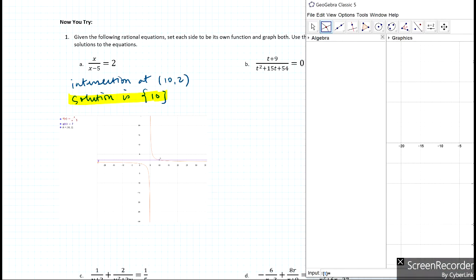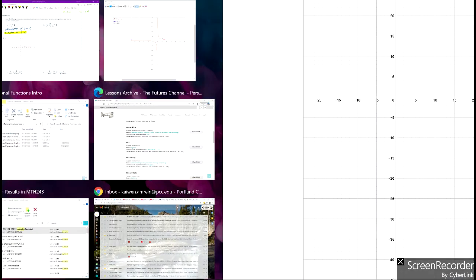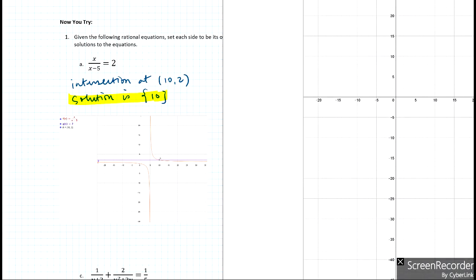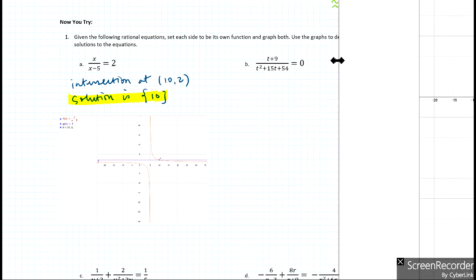It's equal to, I'm trying to place it at a reasonable spot, and we will get the result of t plus 9 all over t squared plus 15t plus 54.